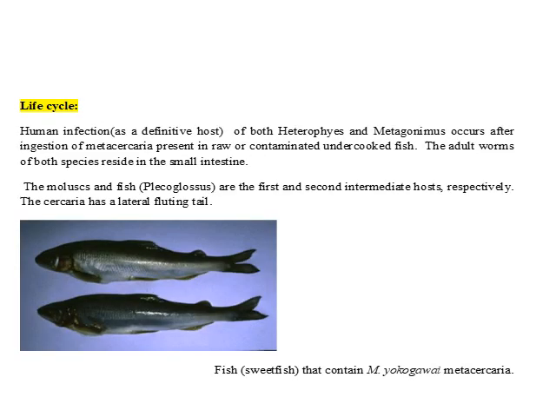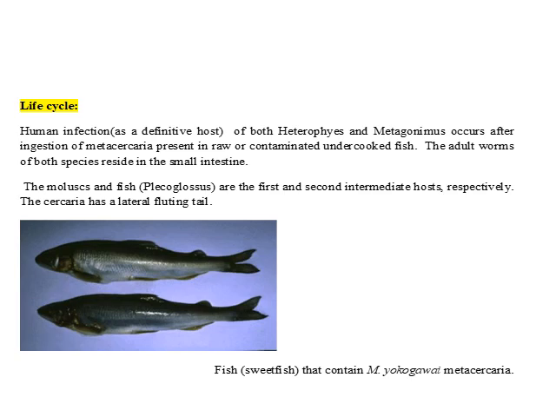This slide shows you the life cycle of Metagonimus yokogawai. Human infection as a definitive host, and other mammals can be infected. Infection with both Heterophyes and Metagonimus yokogawai can occur after ingestion of metacercariae present in raw or undercooked fish, the second intermediate hosts harboring or infected by these parasitic pathogens.